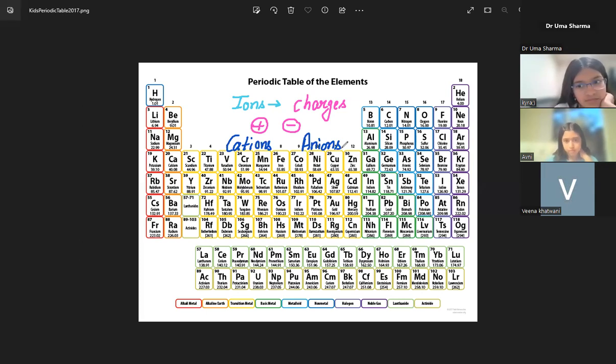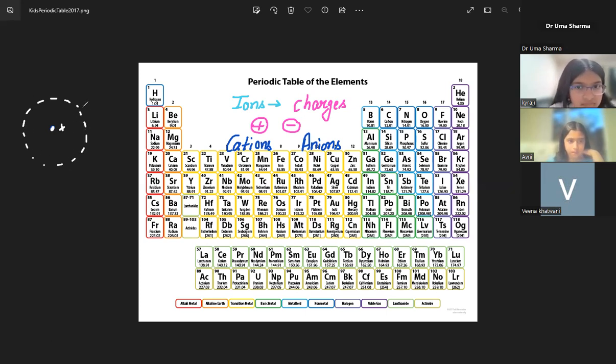So, what are the two charges present inside the atom? Inside the nucleus, what is there? What charge is present? Positive. What charge is present around the nucleus? Negative.